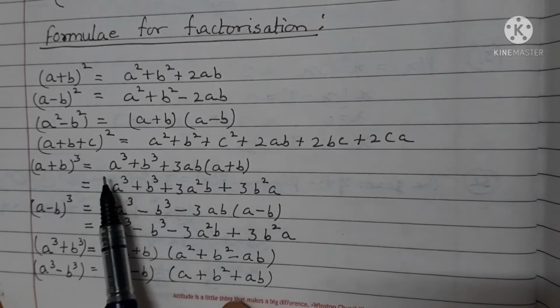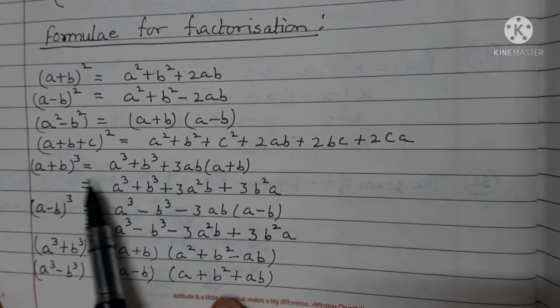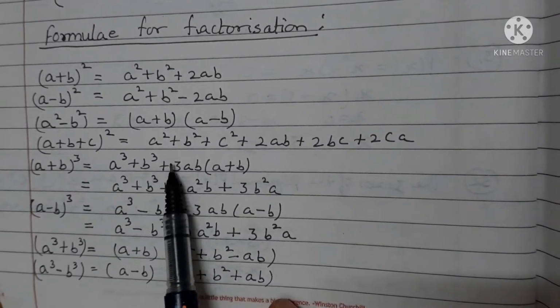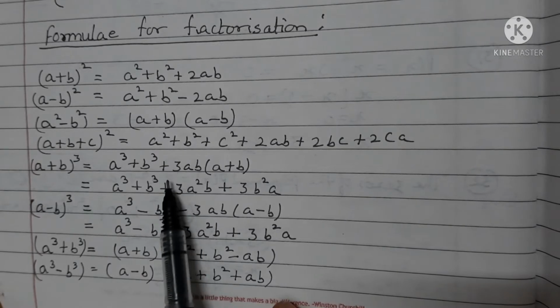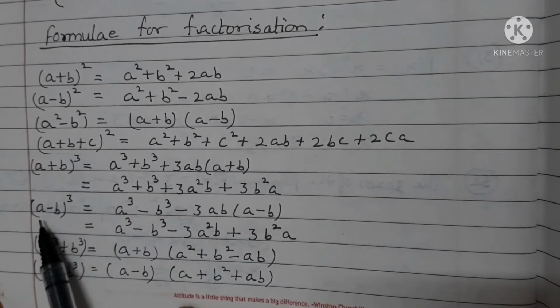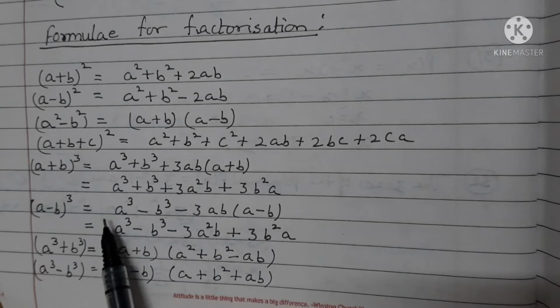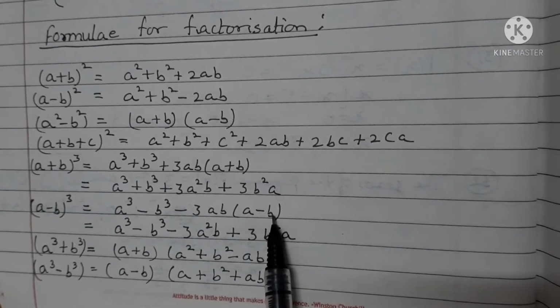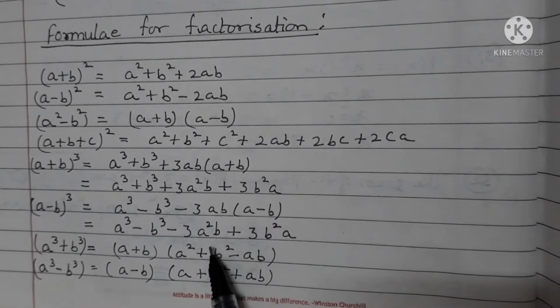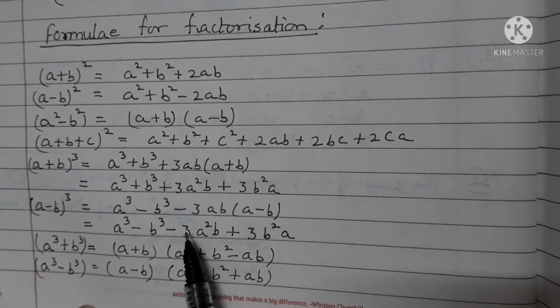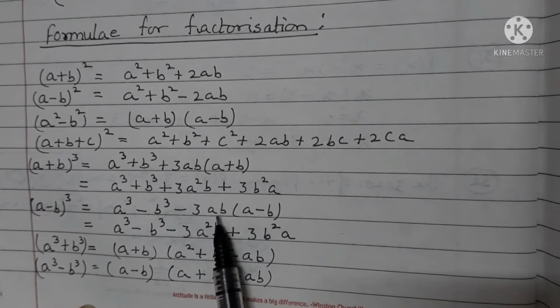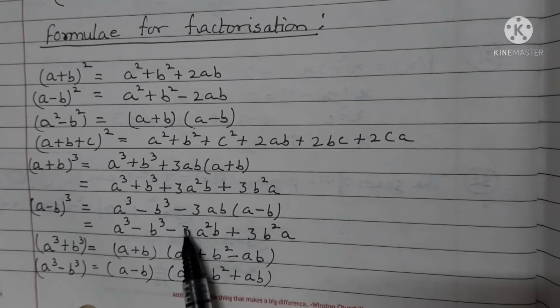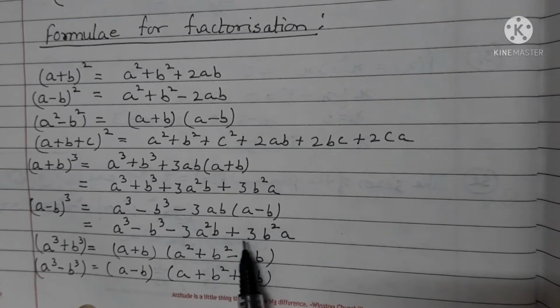So learn any one of these two, you can change one into the other. Similarly, a minus b whole cube is equal to a cube minus b cube minus 3ab times a minus b, and another form is a cube minus b cube minus 3a square b plus 3b square a, when you multiply 3ab inside the bracket.